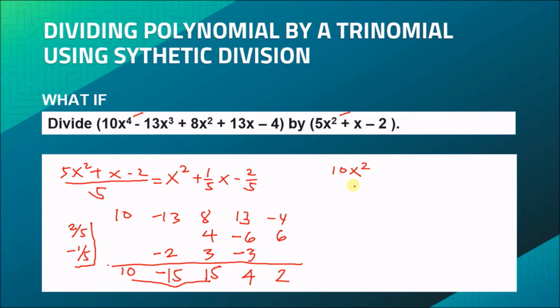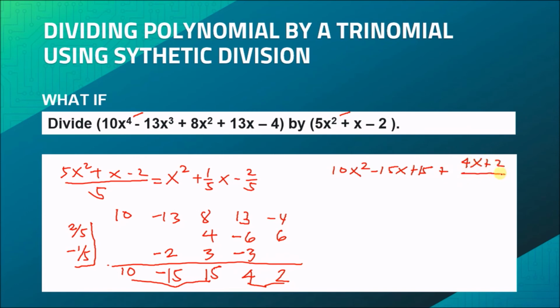We subtract that, and then minus 15x, and then we have plus 15. This other part is where our remainder comes from, a binomial expression, because ordinarily we get a binomial remainder when we divide by a quadratic trinomial.